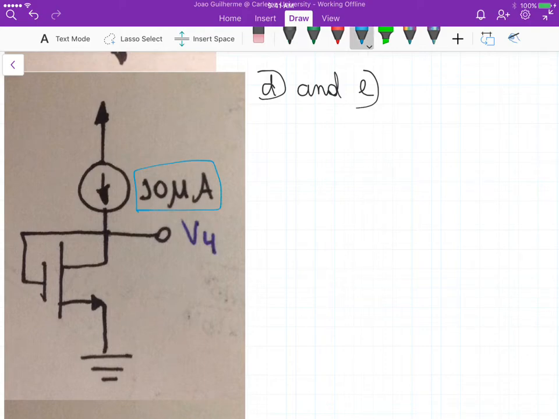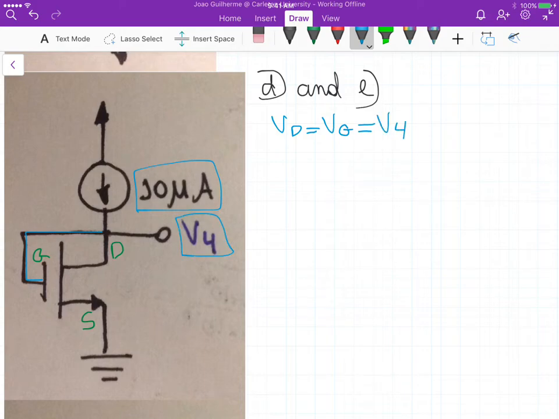Okay, so for D now we have this topology where the gate is connected to the drain. So here we have the drain, here we have the gate, and here we have the source. The gate is connected to the drain via this wire here, so we know that VD is equal to VG, and in this case is equal to V4, the unknown in this circuit.